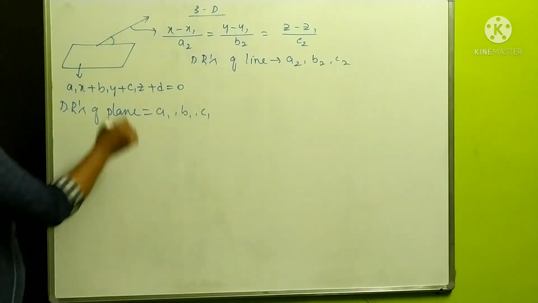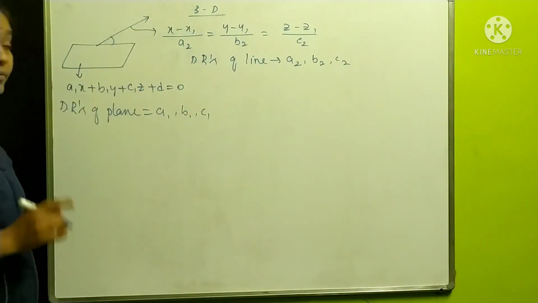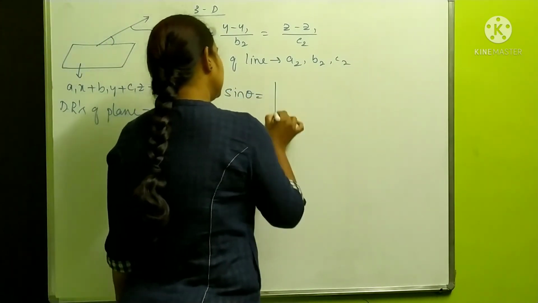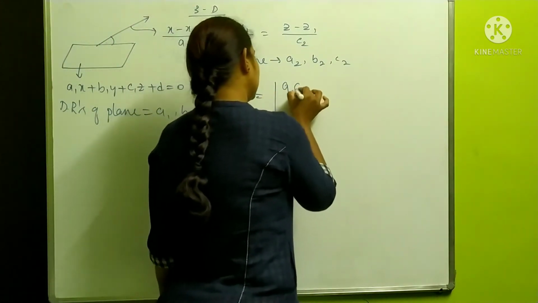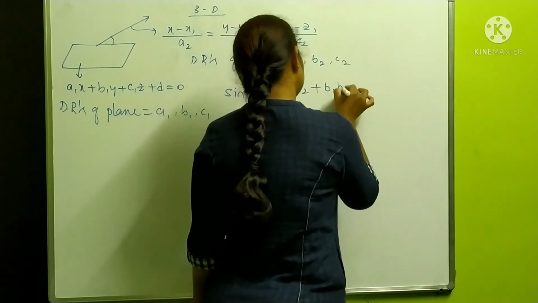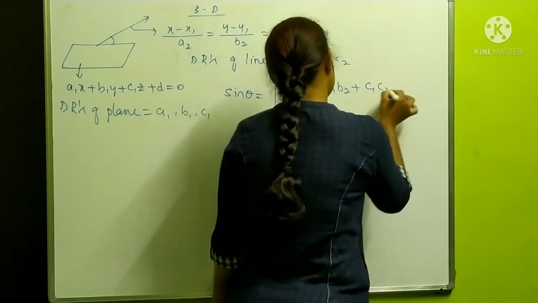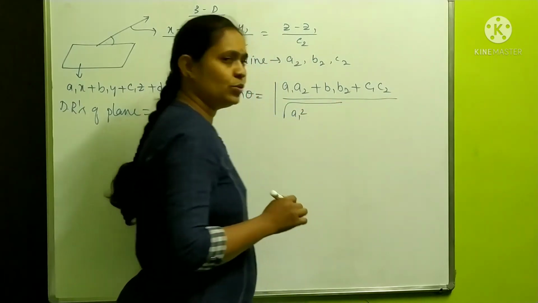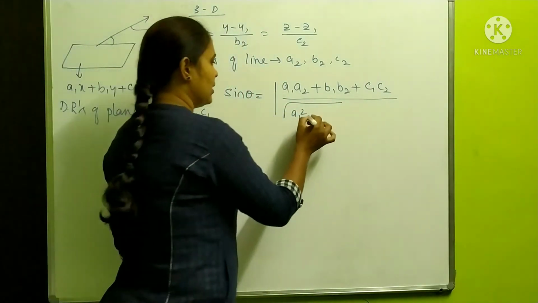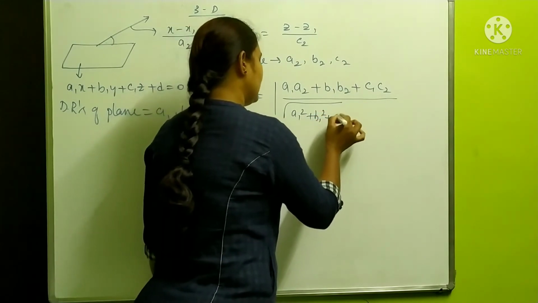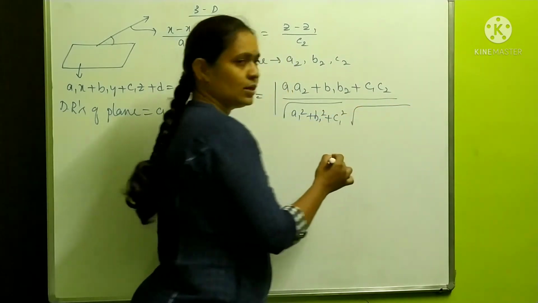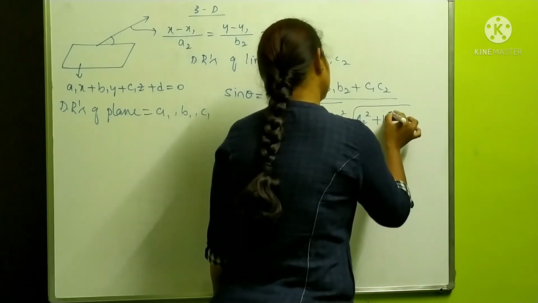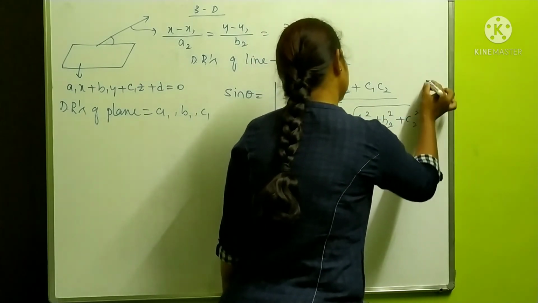I want to tell you what this angle is. That acute angle is given by sin theta is equal to modulus of a1 a2 plus b1 b2 plus c1 c2 divided by root over a1 square plus b1 square plus c1 square, into root over a2 square plus b2 square plus c2 square.